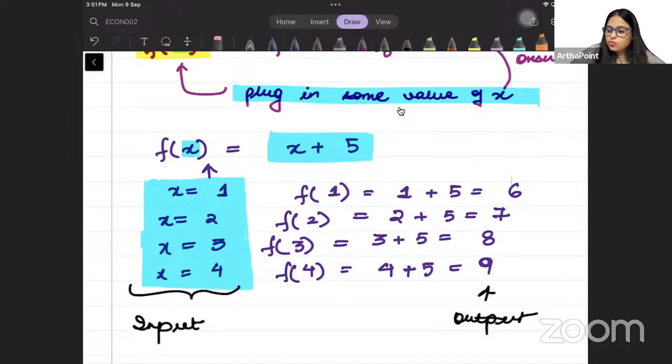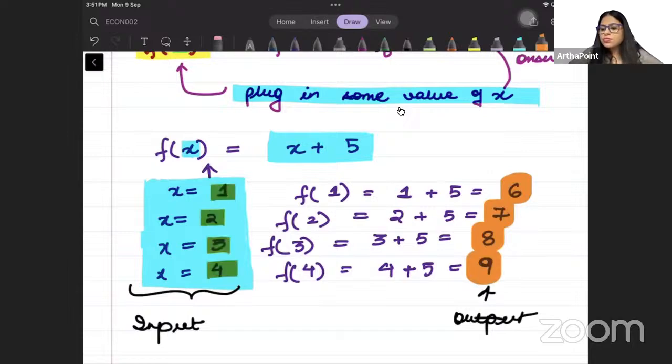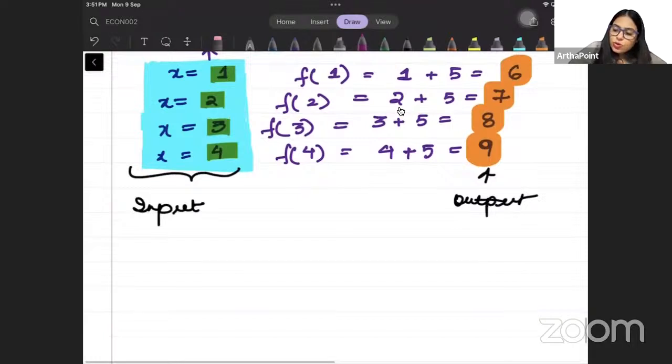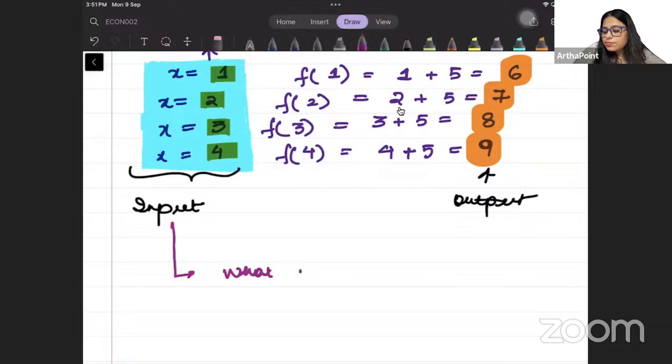This answer is my output. ठीक है? So I plug in some input and I get some output as the answer. Clear? ठीक है बेटा.